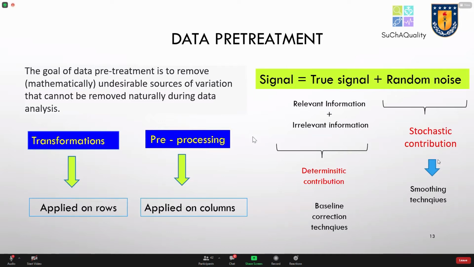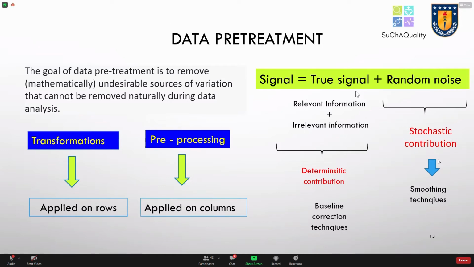So we must remember the signal is a sum of the true signal plus the random noise, and this random noise will be eliminated from our data, and we will work with the true signal.